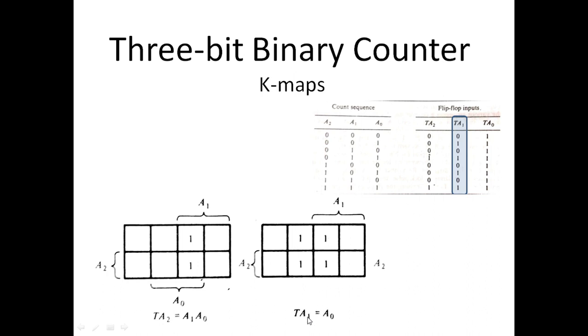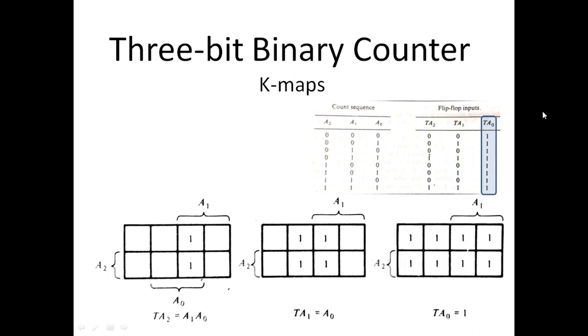So the product term for this group is just A0, and that is the equation for TA1. So TA1 is equal to A0. Remember, these A0, A1, A2 are the outputs of the T flip-flops, but are considered here as the inputs for the toggle inputs of the flip-flops.